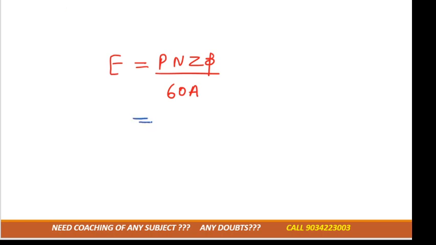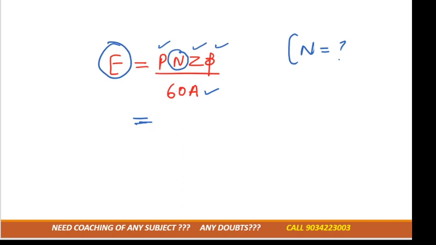Now our focus is to calculate speed, right? For this, P is known, Z is known, phi is known, A is known. So for calculation of N, we should know the value of E also, correct or not?